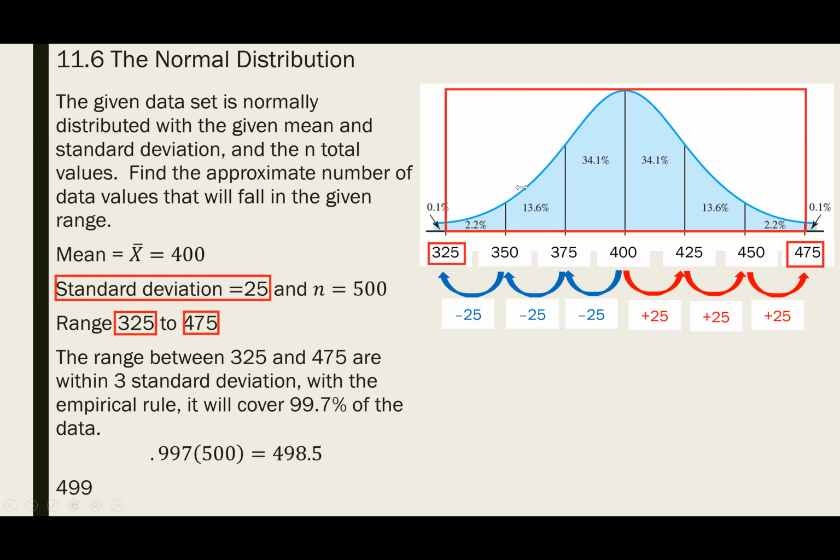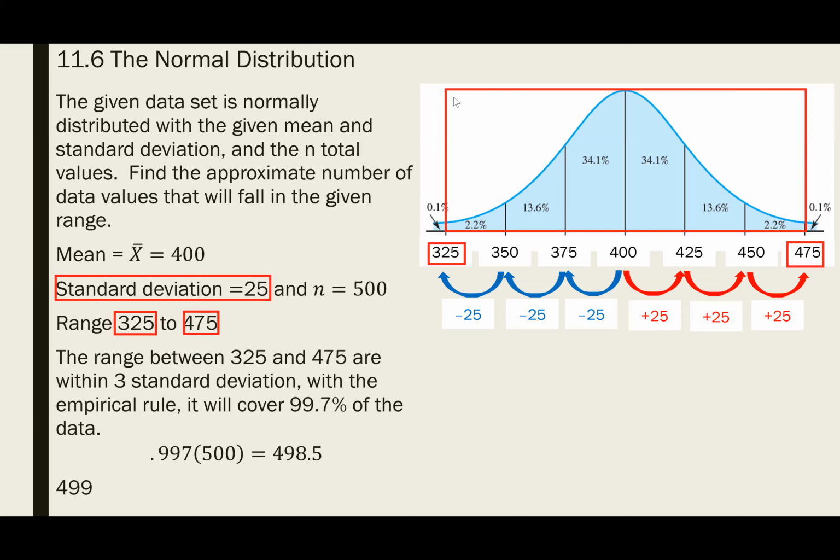I don't think so. If you put 99.8 and 99.9, because they ask you for the number, they don't ask you for the percentage. If you put 99.998 times 500, you still get 499, right?